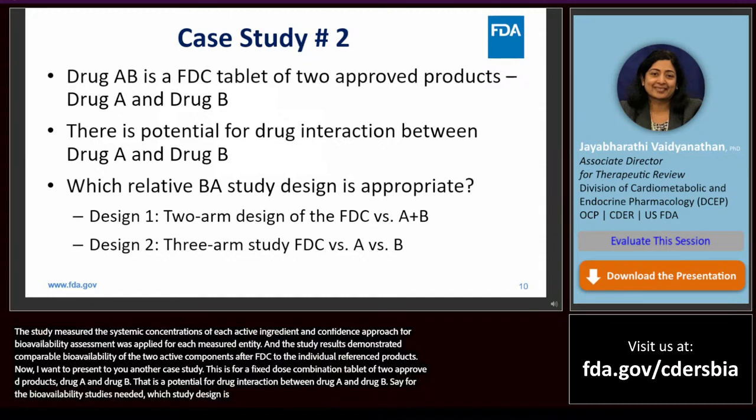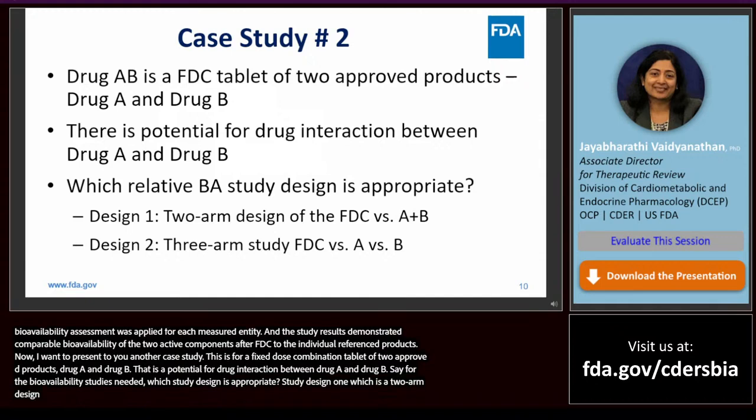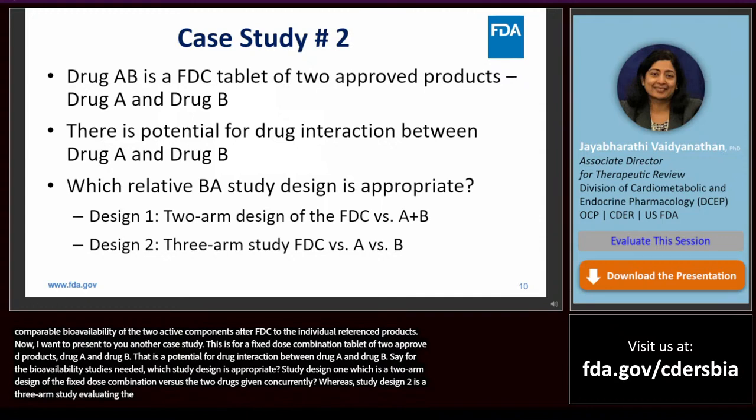Study design 1, which is a two-arm design of the fixed-dose combination versus the two drugs given concurrently. Whereas study design 2, a three-arm study evaluating the fixed combination versus the two drugs administered separately.